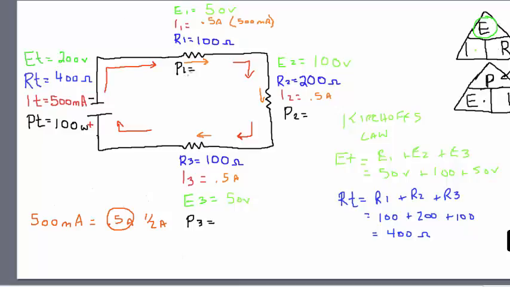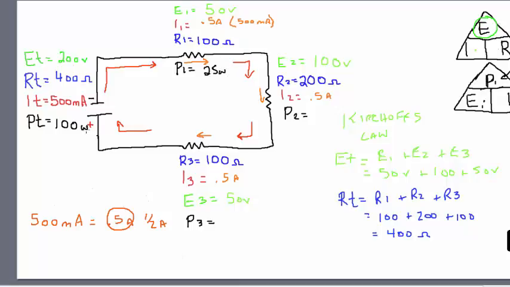Let's do our individual power dissipation. So my power at resistor 1 must equal my voltage at 1 times my amperage at 1. So if we do this, my power at resistor 1 is 50 volts times 0.5 amps, which is 25 watts.